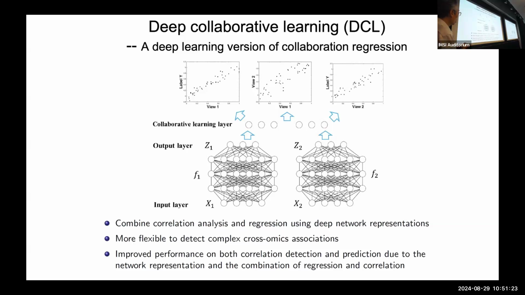To this end, we propose a deep learning version of the collaborative learning. The idea is we can project the imaging and genomic data using a multi-layer neural network. This way, we can extract the complicated interactions within the same modality. At the output, Z1 and Z2, we use another CCA layer to consider the interactions between the imaging and genomic modalities.